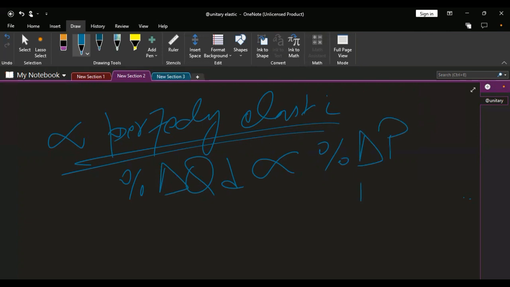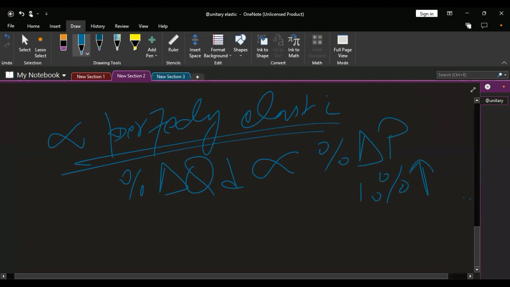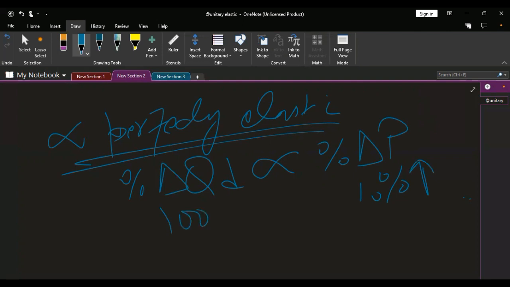Means if there is a 10% increase in the price, then there is a very big change, let's say 100% or more decrease in quantity demanded.